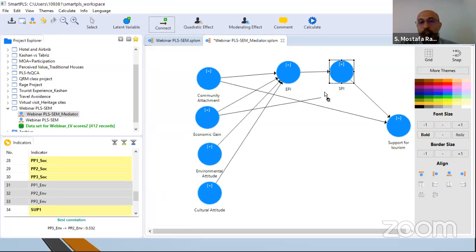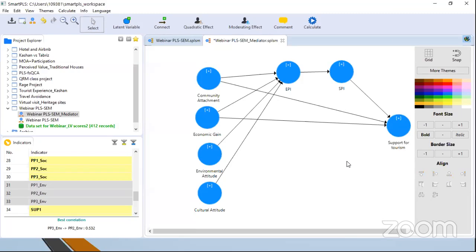Here we have a bit more complicated framework, with two mediators between community attachment and support.